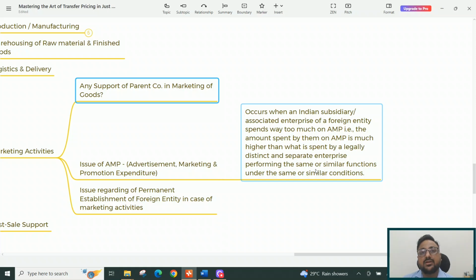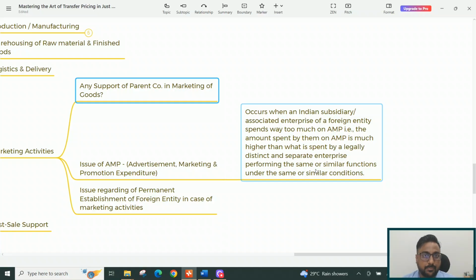Let me assume that it's a related party brand overseas and it has its subsidiary in India, right? Now that subsidiary entity is also incurring marketing expenditure over and above the same type of entities which are incurring marketing expenditure.